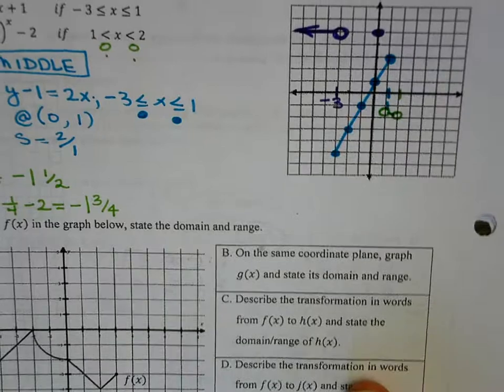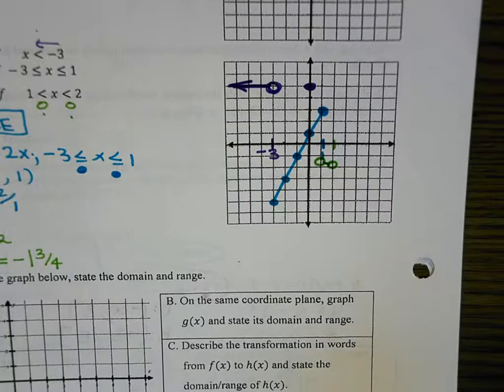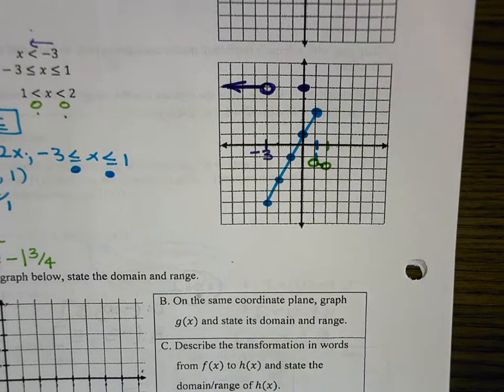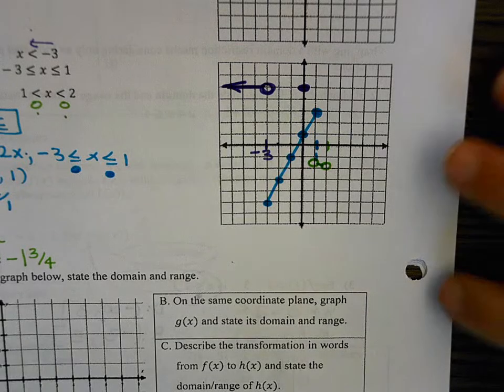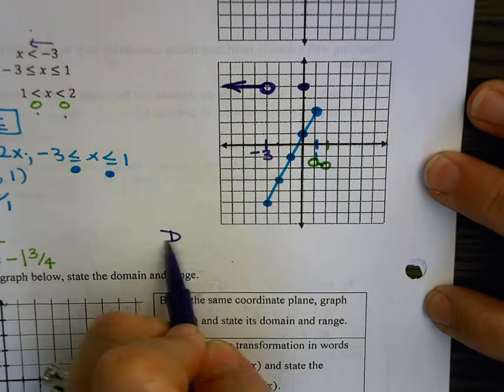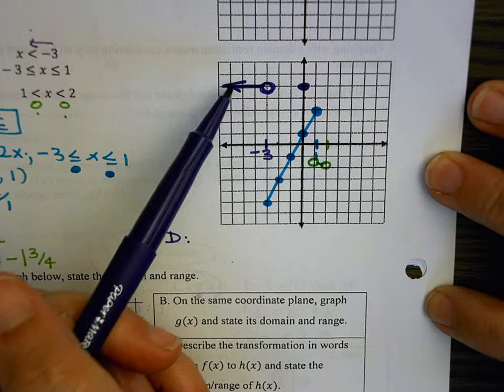Okay. So now for domain and range. So I have a split. Do I have a split domain? No, I don't. That's good. Okay, so for my domain, it goes forever left because of that arrow.